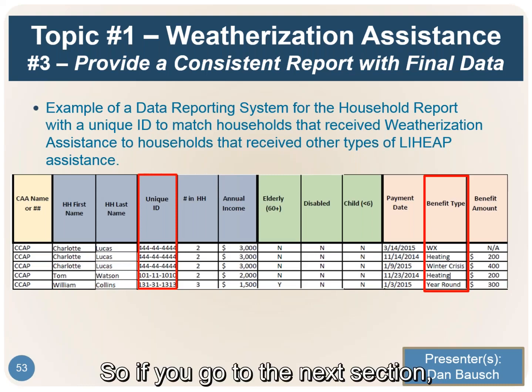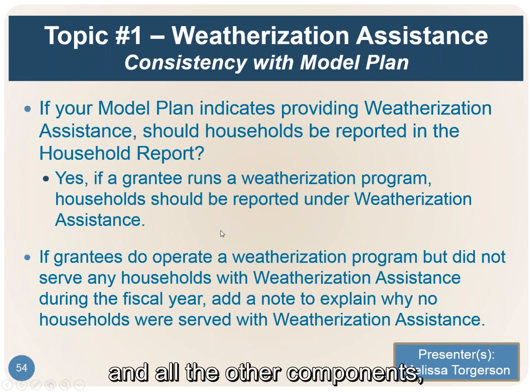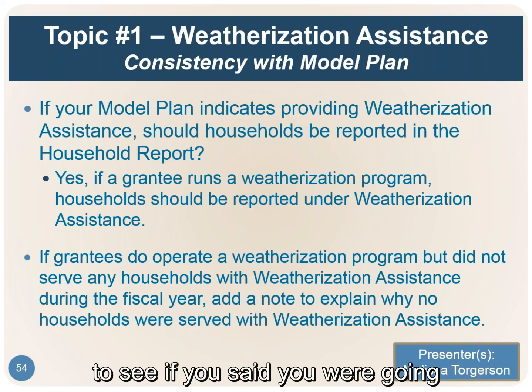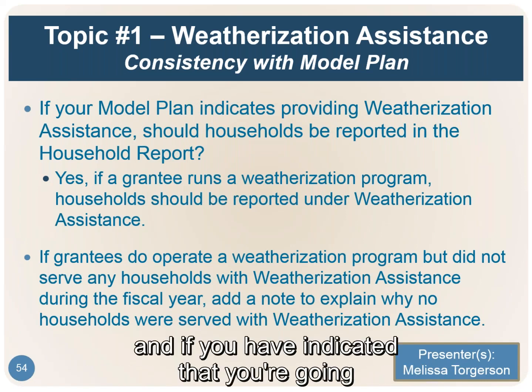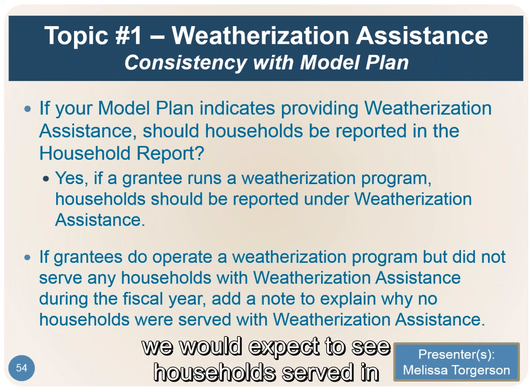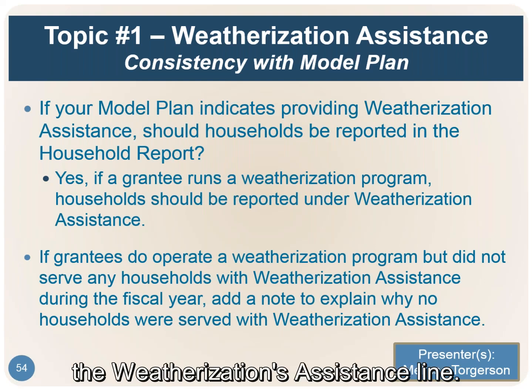So if you go to the next section, just like we talked about with cooling and all the other components, we are going to be looking at your model plan to see if you said you were going to serve weatherization households. If you've indicated that you're going to use some of your funds for a weatherization program, we would expect to see households served in the household report under the weatherization assistance line.